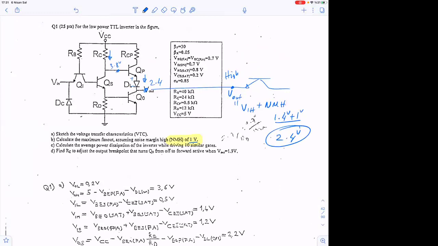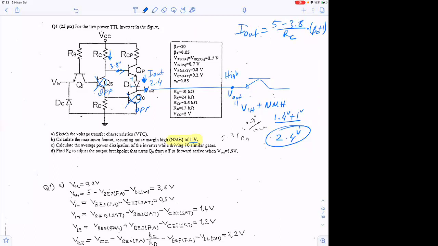And then from here, you know that for that case, this is off. So I can find this current, and I out will be equal to 5 minus 3.8 divided by RC times beta F plus 1, because that's the base current, and then this is the emitter current.